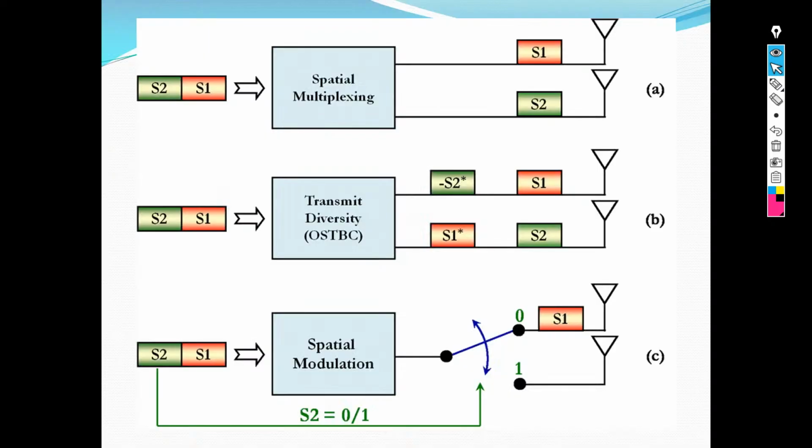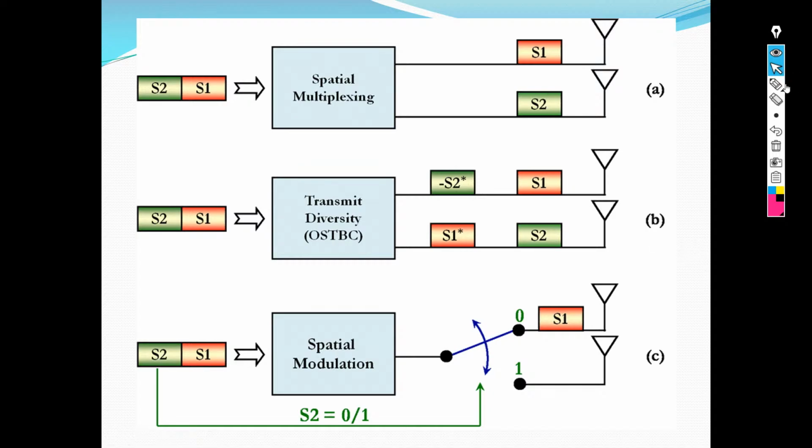MIMO OFDM. Before we go to MIMO OFDM, let's talk about MIMO on its own. What's MIMO? MIMO: multiple input, multiple output. The key point here is that instead of sending your data in one stream, you are sending your data by utilizing multiple streams.